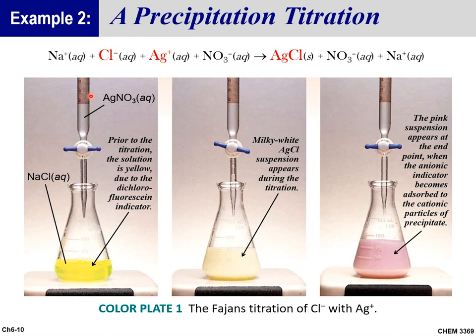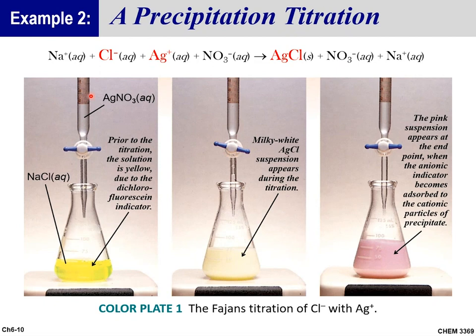So in this example, we use silver ions to precipitate chloride ions as silver chloride. It forms a suspension of very small silver chloride particles in the aqueous solution. So the solution becomes kind of milky.